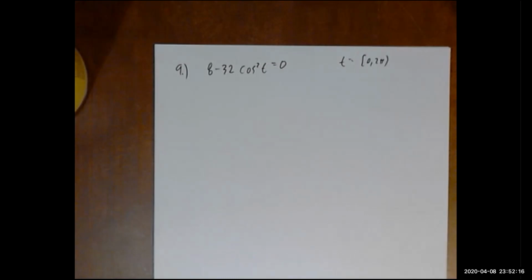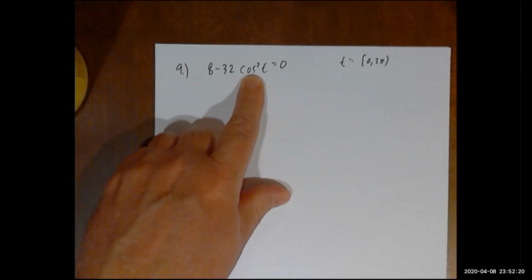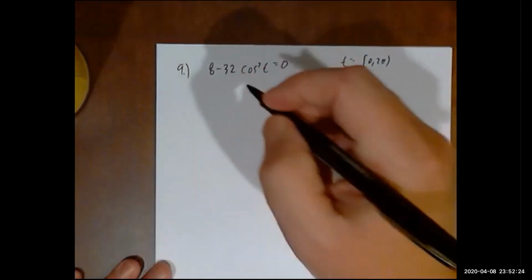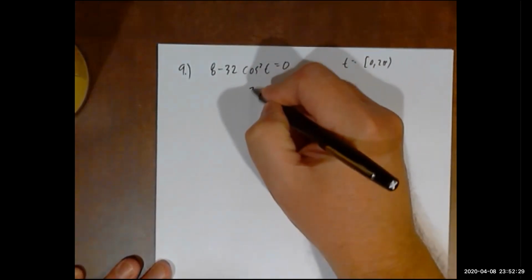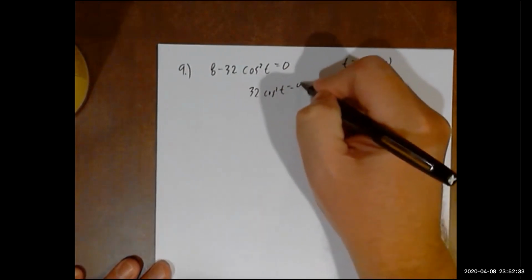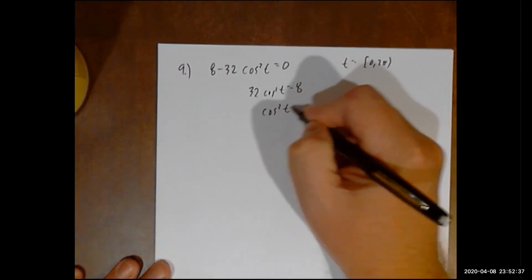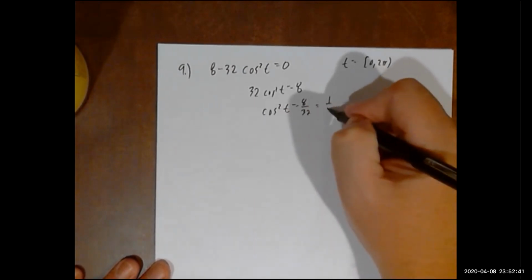All right, so once again, let's get cosine squared t by itself and then get it down to cosine t and then go from there. So let's add 32 cosine squared t to both sides to keep both sides positive. Divide both sides by 32, which is 1/4.